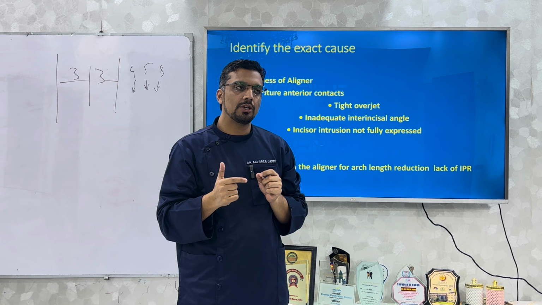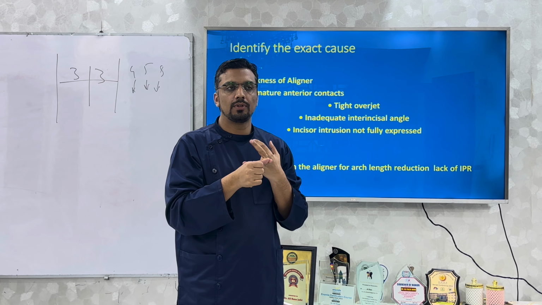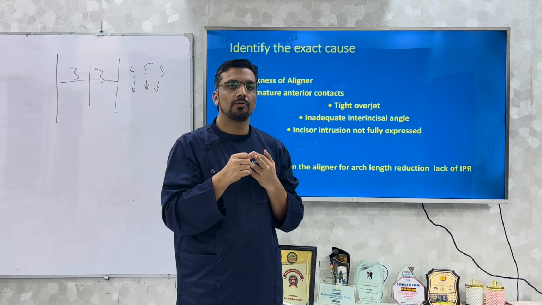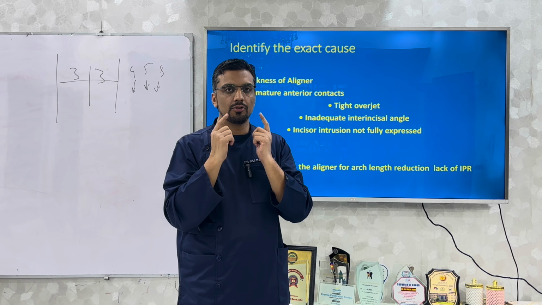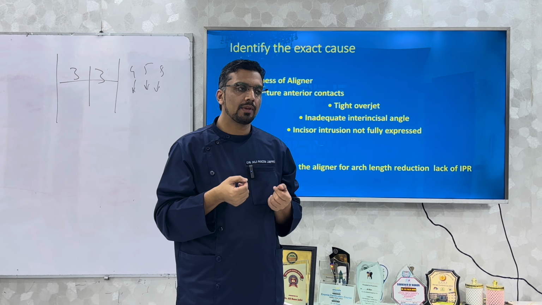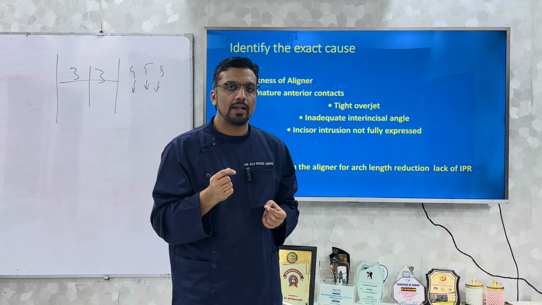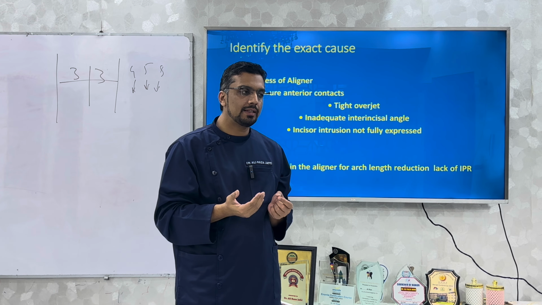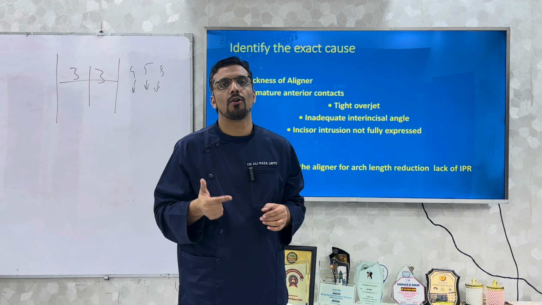So what do you need to check? You need to check whether this is the supra-eruption of any tooth, whether it is because of the intrusion of the posterior teeth because of the thickness of the aligner, or whether it is because of the tight anterior contact that is causing the posterior teeth disclusion. You can check that with the help of articulating paper, and you can very nicely evaluate the overjet and overbite, especially the overbite, and you will see whether the intrusion of the lower teeth is on track or not.